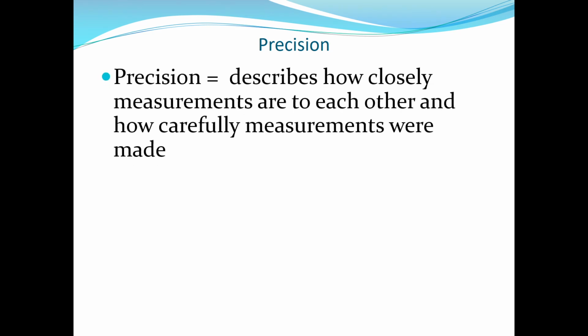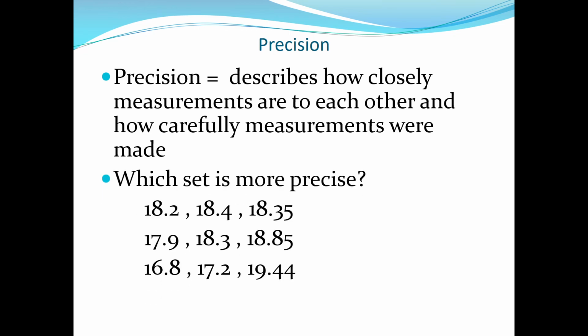So let's look at precise. Precision describes how closely measurements are to each other and how carefully the measurement was being made. So which one of the three is more consistent, or doesn't change that much?